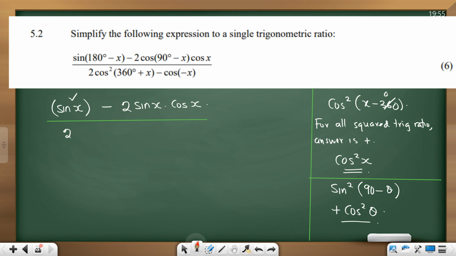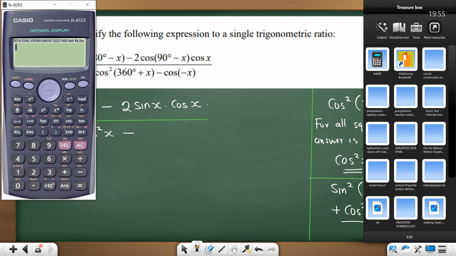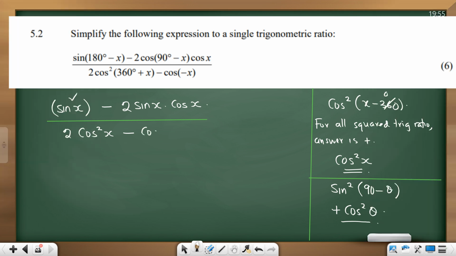So what is that? 2 cos squared x. All right. Remember, it's a positive. I don't even have to check. Minus, what is cos negative x? We did that. Cos negative 1. Fourth quadrant. Positive. Okay, beautiful. I am already sitting on 1 mark, my second mark, my third mark, my fourth mark.